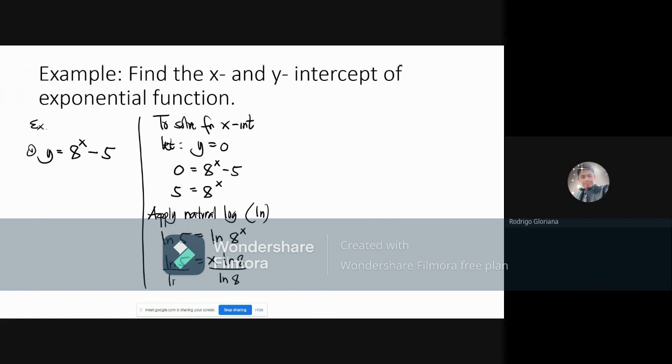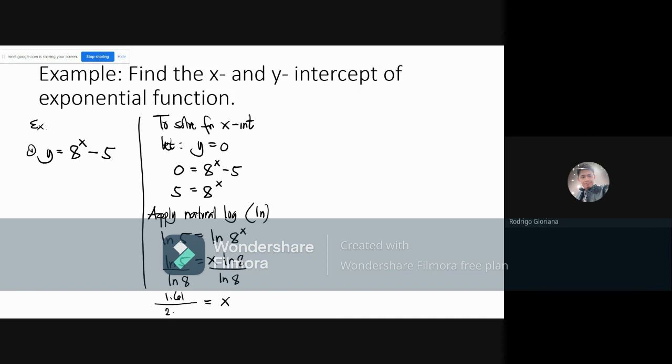So, using your calculator, what will be the value of x? The value of ln 5 is approximately 1.61. ln 8 is 2.08.